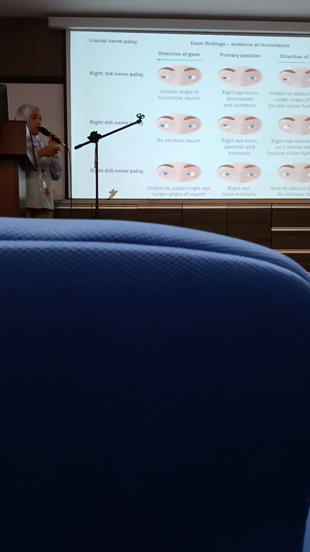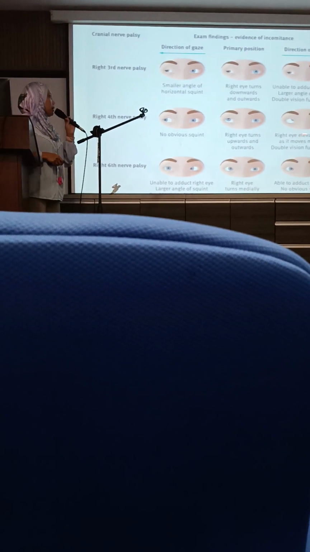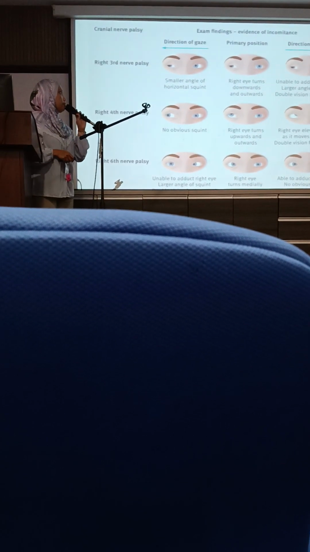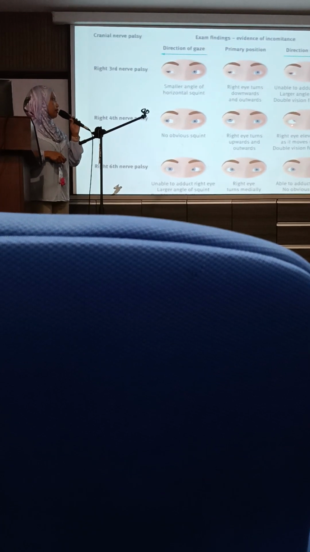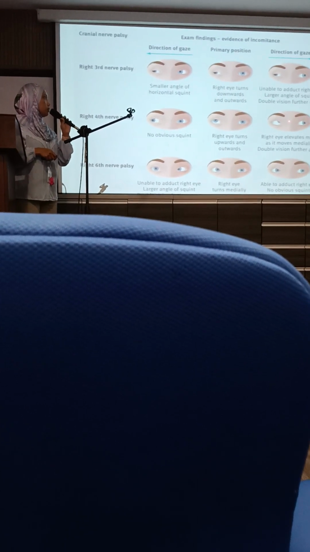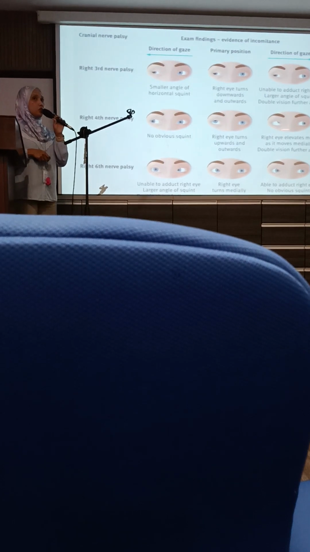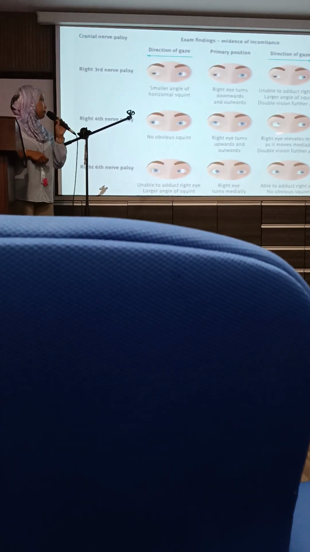Does everyone get it so far? Okay, good. If you ask the patient to turn left gaze, the right eye will elevate more, and then the double vision will be more obvious.